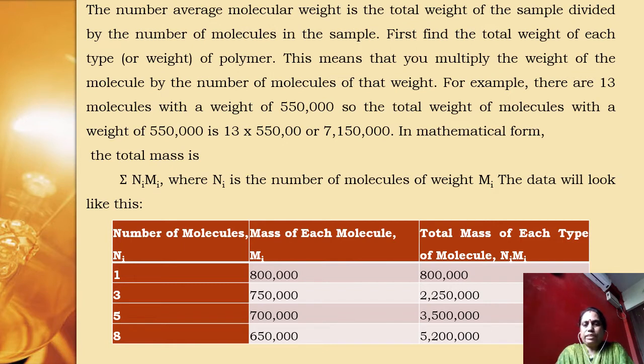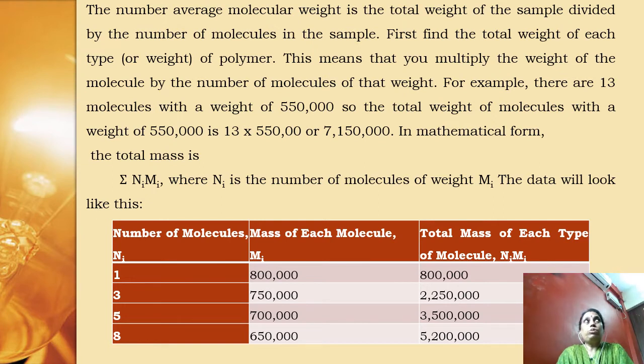For example, let us see these rules. Now first in the tabular column, the number of molecules is 1 and the mass of each molecule is 8 lakhs. So when you multiply these two, the total mass of each type of molecule is 8 lakhs.